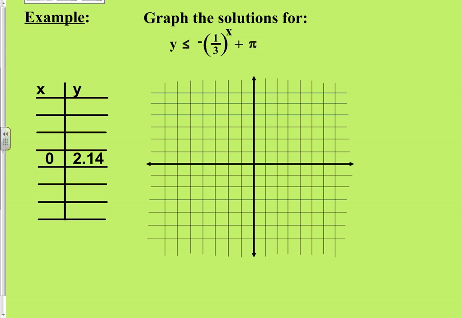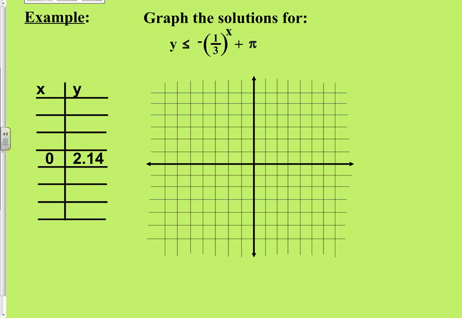Now let's look at the equation and decide, as we move to the left from this location and move to the right from this location, which side is the horizontal side and which side is the vertical side. Well, we have that negative in front of our base number. That tells us that the graph is going to be upside down, which we already knew. And then our base number is 1/3.